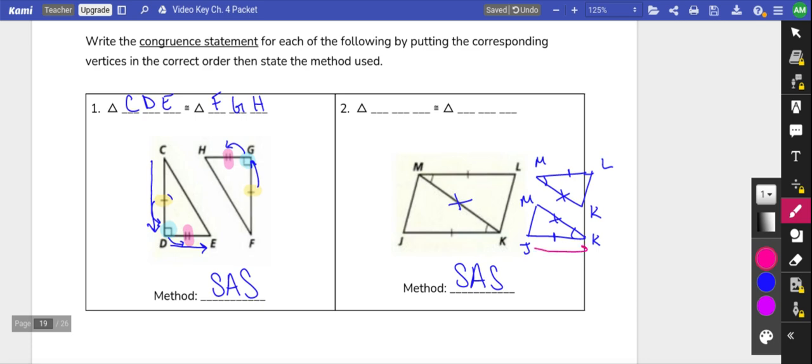I'm just going to go J, K, M. And for my second triangle, I have to do the same motion that I did for the first one. I have to go across the 1 hash mark to the angle, then to the X. So I'm going to go across the 1 hash mark to the angle, so L to M, then to the X, so K.